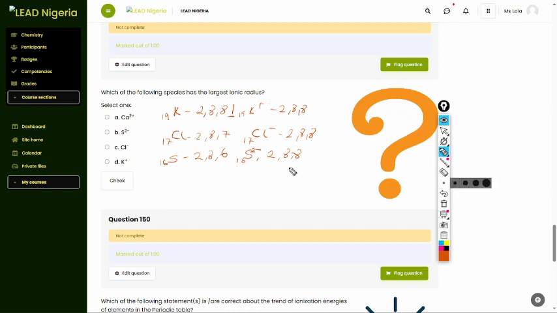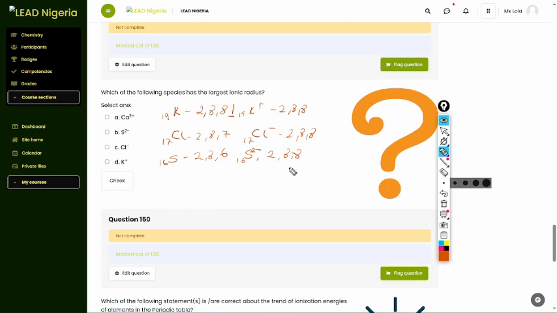Okay. Or something else I'm thinking about, the trend of the ionic radius down the group and across the period. Okay, so ionic radius follows the trend of atomic radius, and it decreases across and increases down.